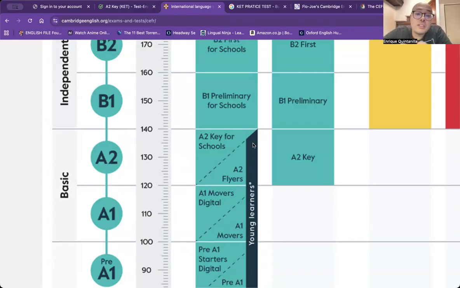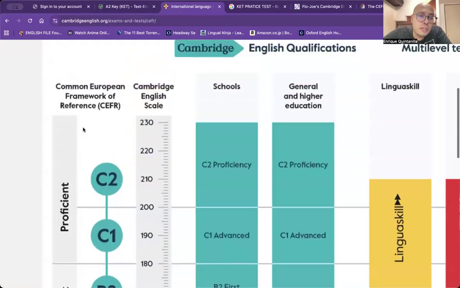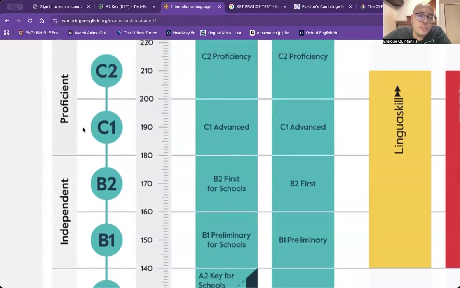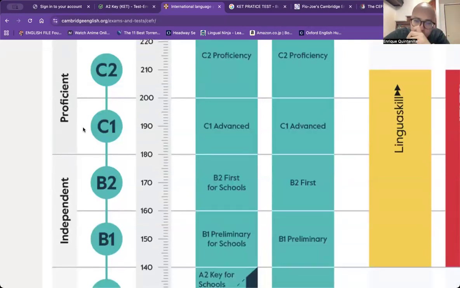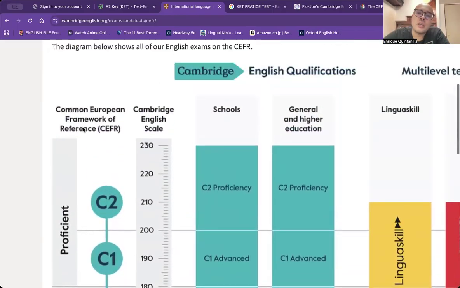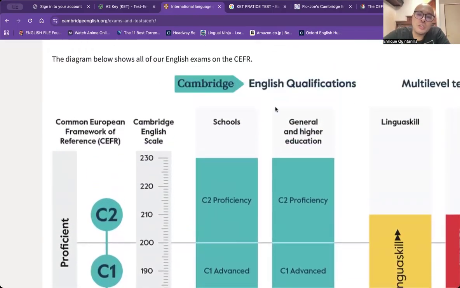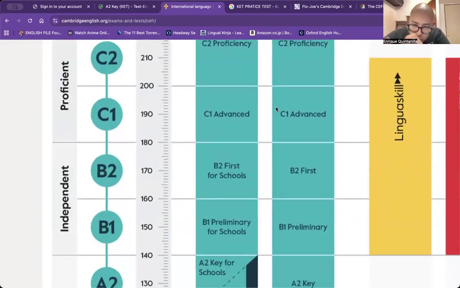As I said before, it starts from basic and goes to proficiency. And as you reach these levels, the most recommendable thing is to do the University of Cambridge English qualifications or examinations in order to have this paper, to show that I have this level.